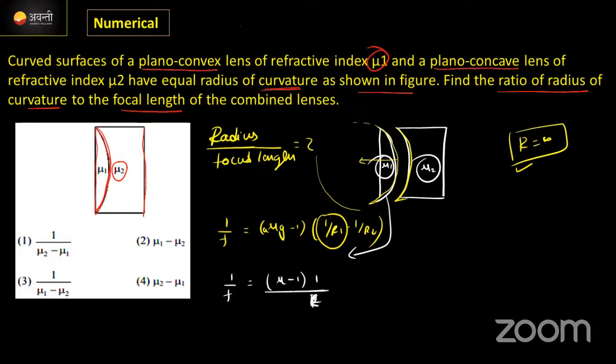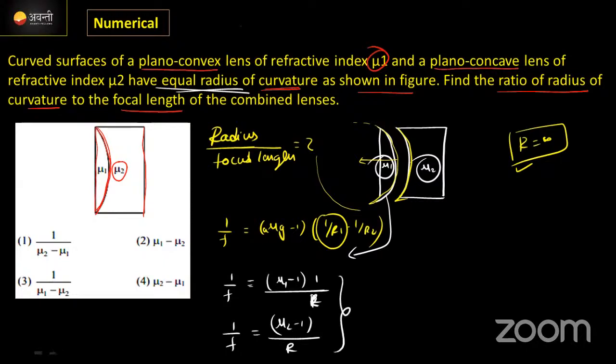Why, I will tell you later, because they said here they have equal radius also. Similarly, this is mu1, the refractive index. Second one, 1 by f is equal to mu2 minus 1 divided by r. Correct? We got two equations.